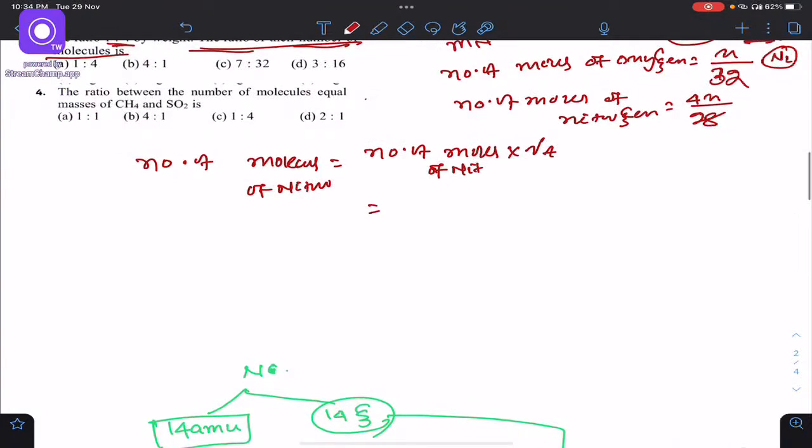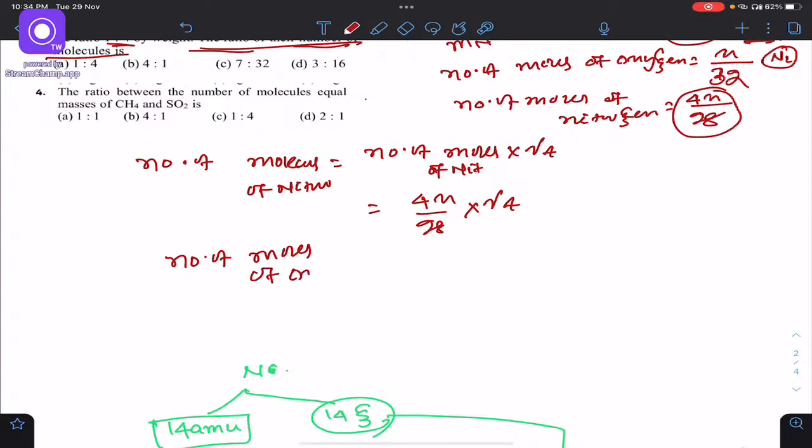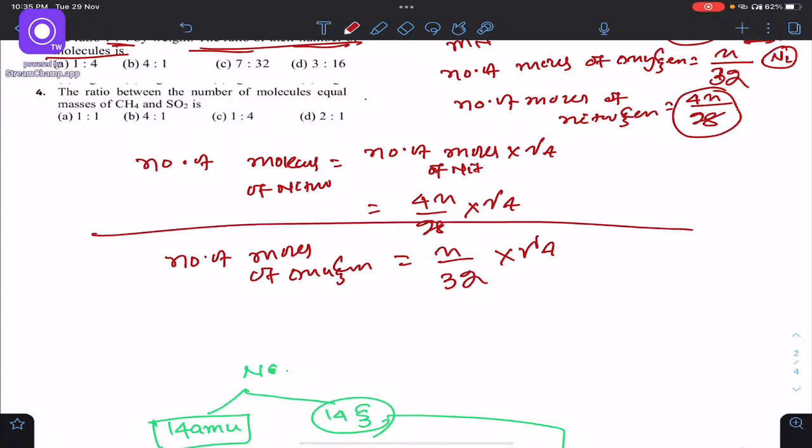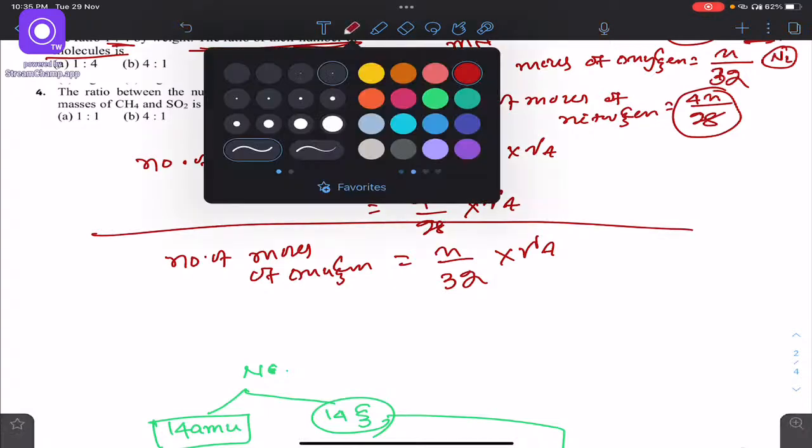Number of moles of nitrogen is 4x upon 28 into Na, and number of moles of oxygen is x upon 32 into Na. Okay, x upon 32 divided by Na. Then the ratio means dividing these.